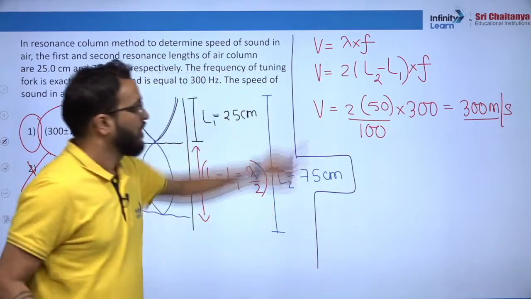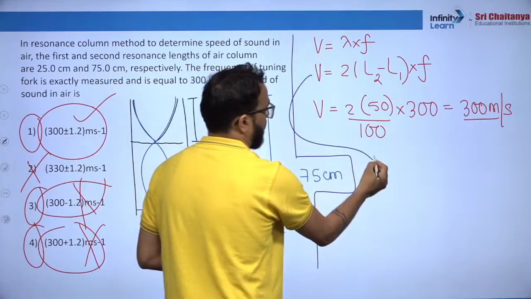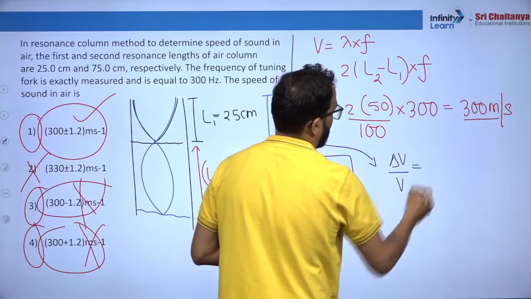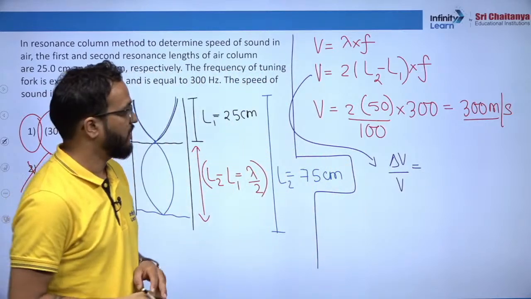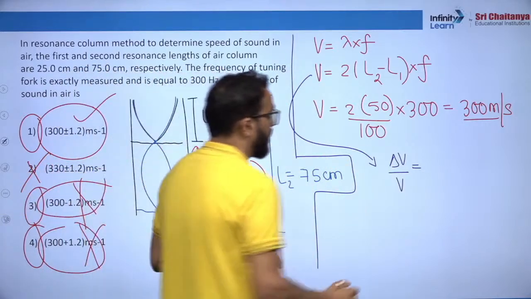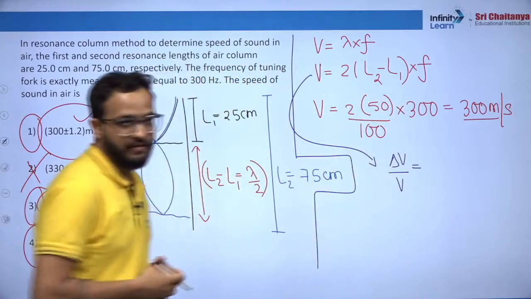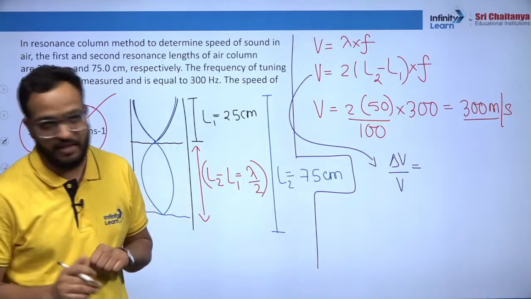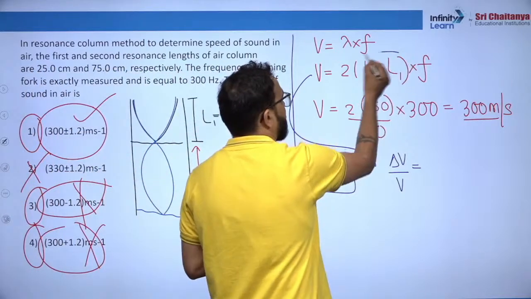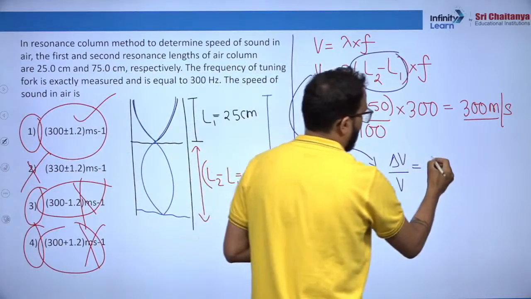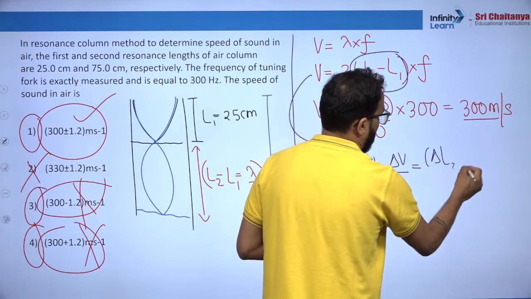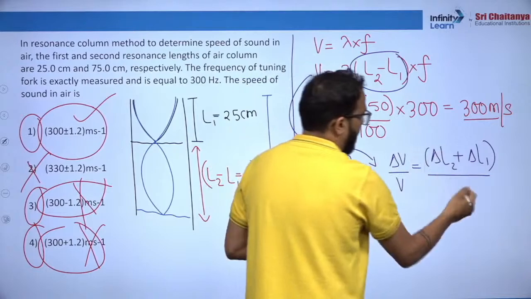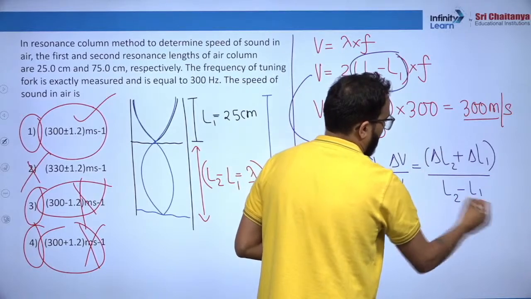Now look here. From this equation, let's do the relative error concept. Delta V by V will be error in L2 minus L1 upon L2 minus L1. So what is the error in this? Error in this will be delta L2 plus delta L1, because errors are always added, upon L2 minus L1.